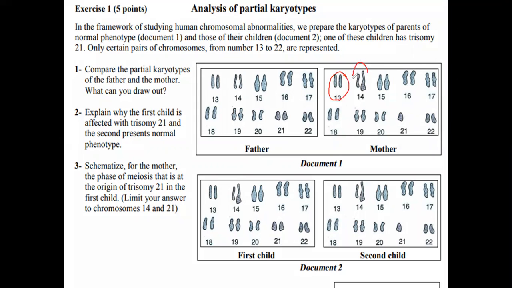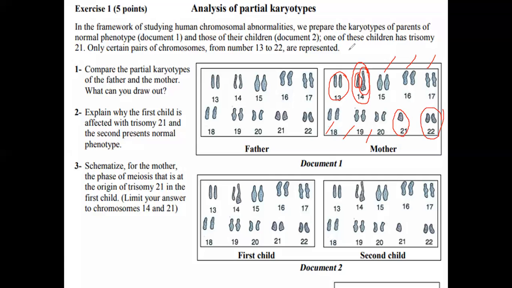In 14, we have one chromosome that is smaller than the other, so one is larger than the other. 15, 16, 17, 18, 19 and 20 are normal, while 21 has only one copy. So here we have a problem in the karyotype of the mother, while chromosome 22 is normal.